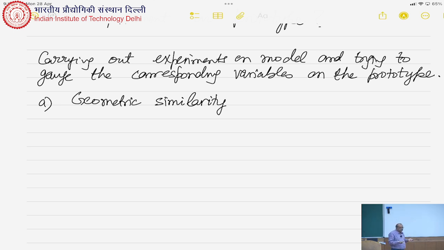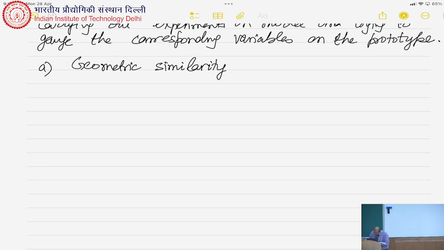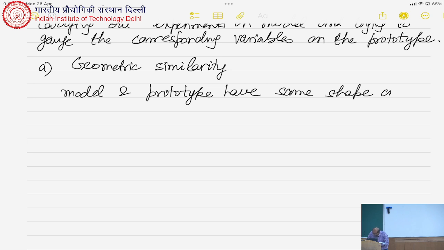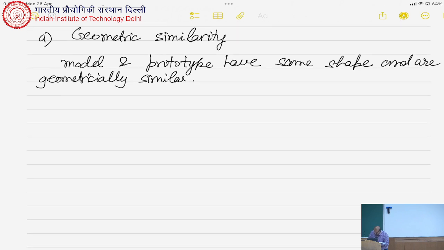The first thing is that the two flows have to be geometrically similar. For example, I made the model, which means that the model and prototype have the same shape and are geometrically similar.